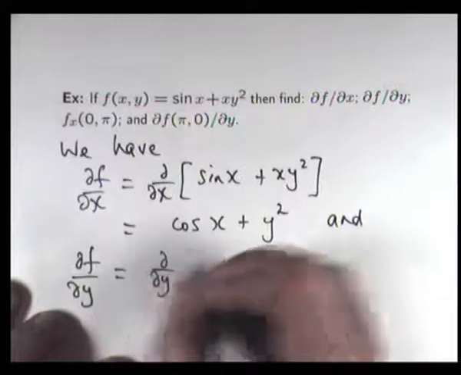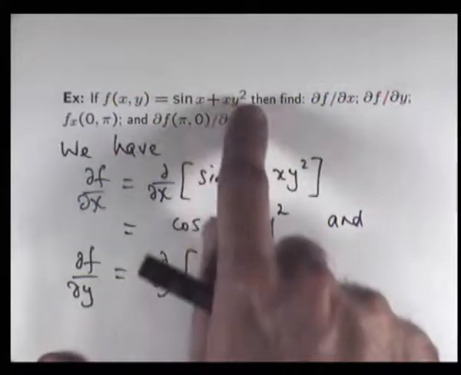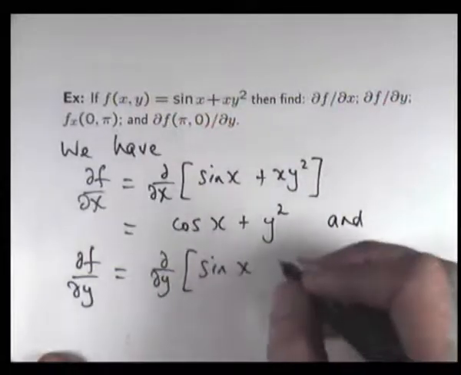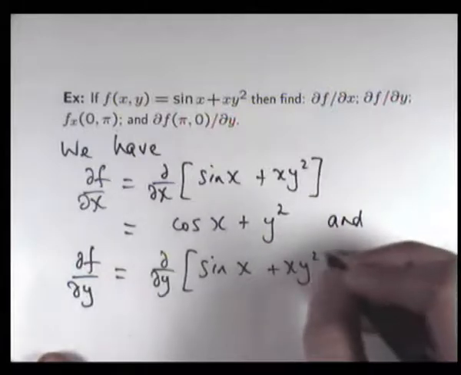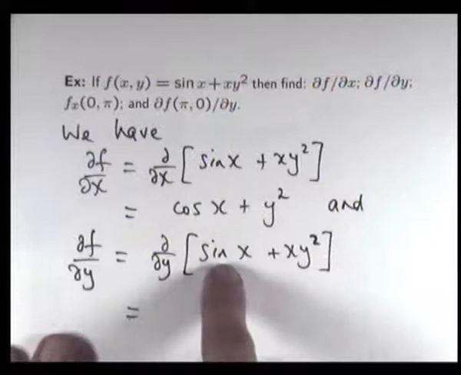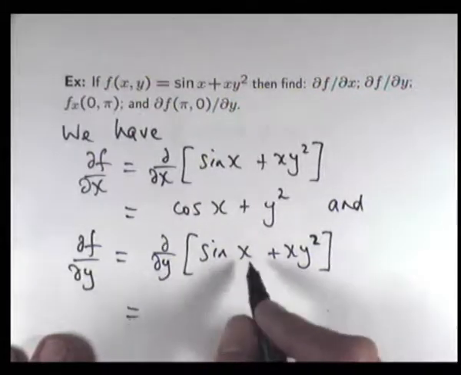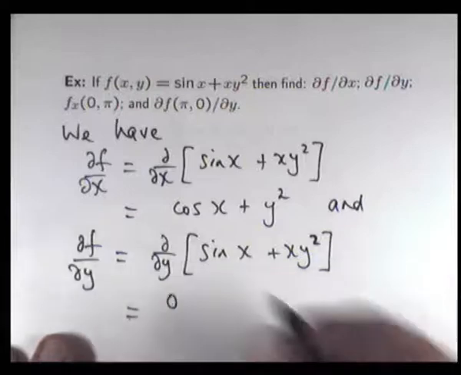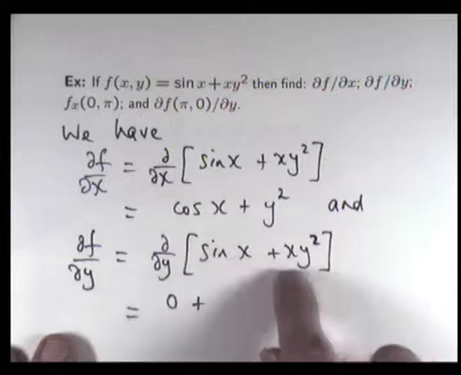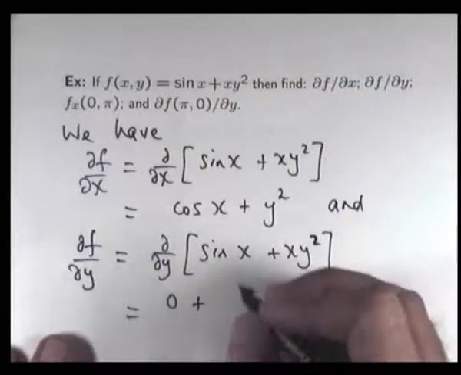Now, to differentiate with respect to y, we hold all the x's constant, and then just differentiate with respect to y. So d dx of sine x is going to go to 0, because if x is a constant, sine x is also a constant. And d dy of xy squared, that's going to become 2xy.